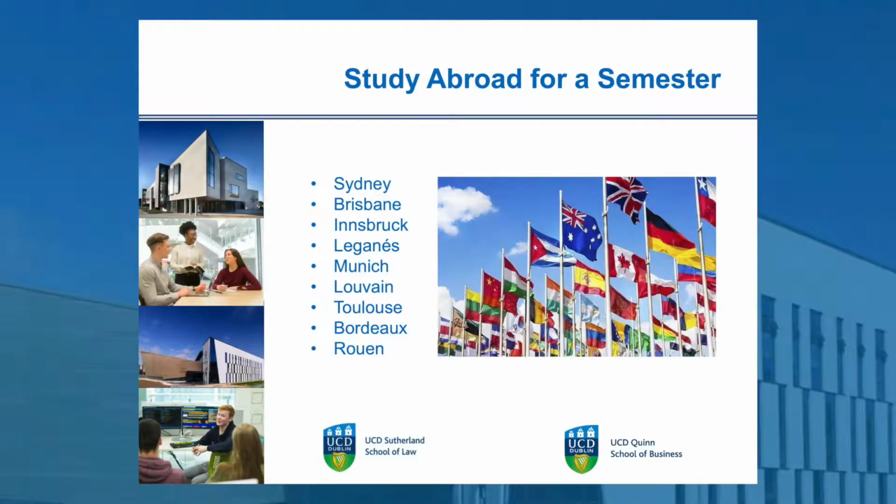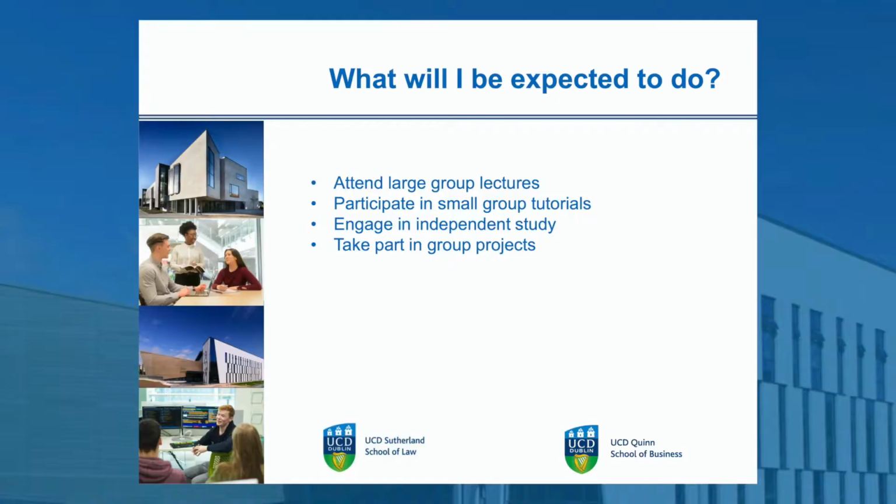So the Study Abroad scheme happens in the second semester of the third year of your studies. However, to avail of the opportunity to go abroad, you must achieve a certain standard of GPA in an earlier stage of the programme.